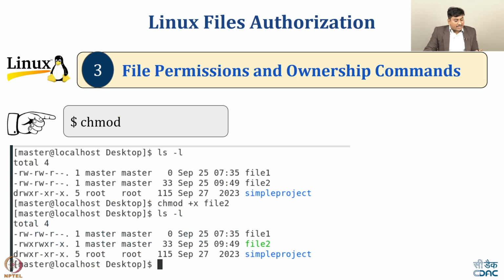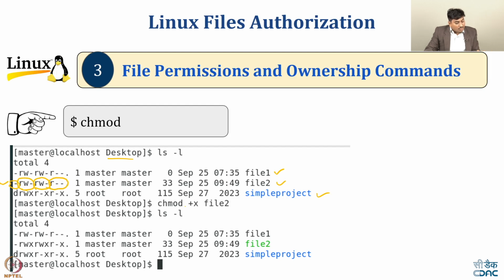You can practically see this, for example, in this particular desktop directory. There are 2 files and 1 directory, and you can see the default permissions. So for this file, there is read, write permission for the user, read, write permission for the groups, and the read permission for the others.